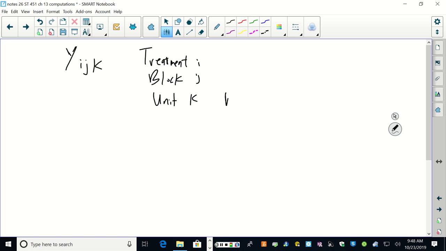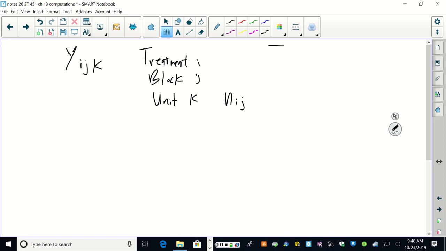And so we might have n_ij individuals getting a certain treatment within a block. Sometimes this is one, so there's only one application of the treatment within each block. But sometimes there's two. In the second example, there was the Pygmalion group and the two platoons, so n_ij was either one or two, depending on that.